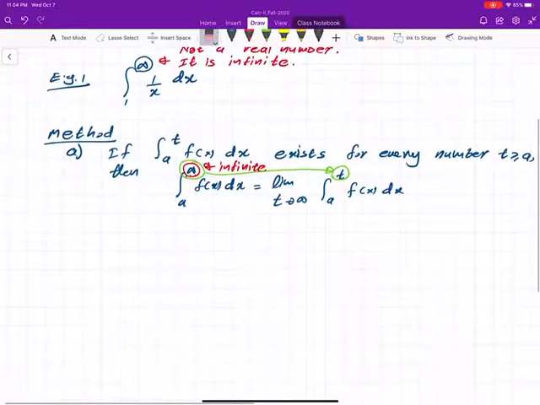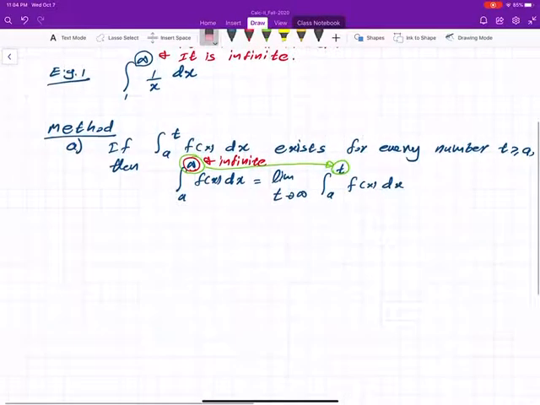All right, so now go to the second case, B of the method.